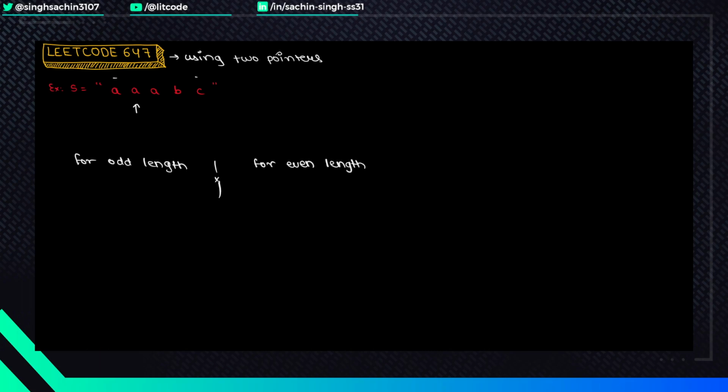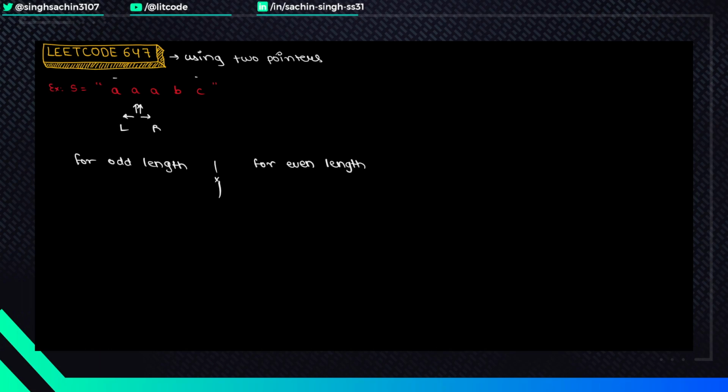So I'll run a loop with each index. Let's assume that my current index is pointing to A. Now I will decrement my left pointer and increment my right pointer. This is my left, this is my right. I initialize both the pointers with the same index itself.